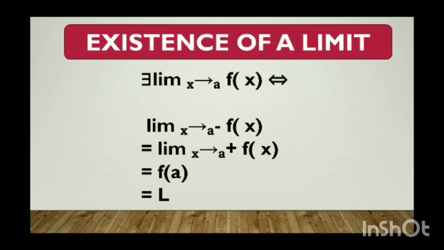and be equal. Now if the limit exists before and after the point a but is not equal to f of a, we now say that there is a continuous extension at a.